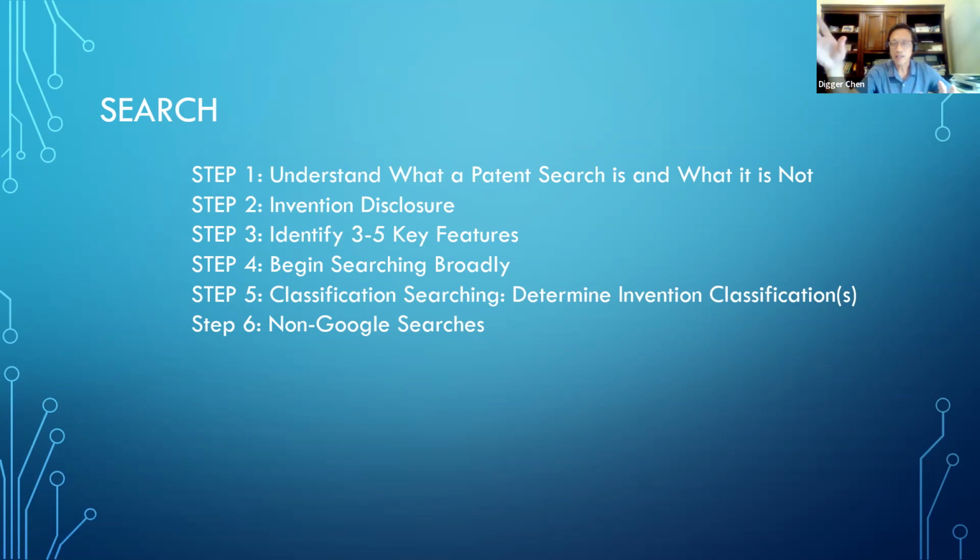Prior art means other inventions, other publications, other disclosures that are already in the public domain before your invention date. So the USPTO examiner, their job, they have a database to search.